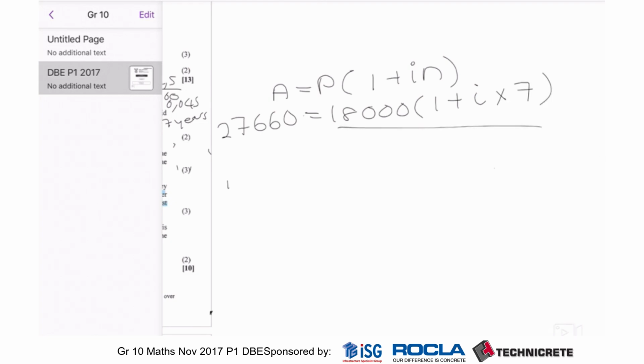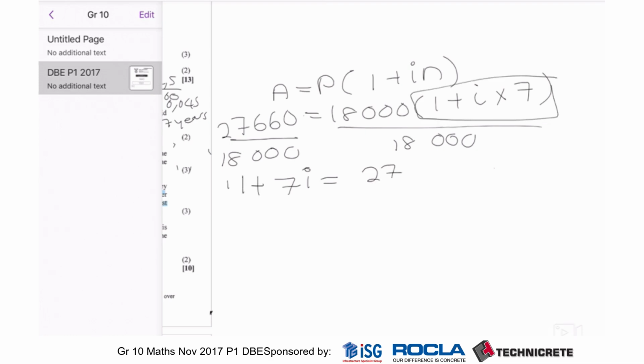So I'm going to divide both sides by 18,000. In equations, we always want to isolate what we are finding. Don't simplify in these equations until the end. So I'm going to have 1 plus 7i, keeping it by itself, is equal to 27,660 over 18,000. I'm just swapping it around so that it's easier for me to understand.